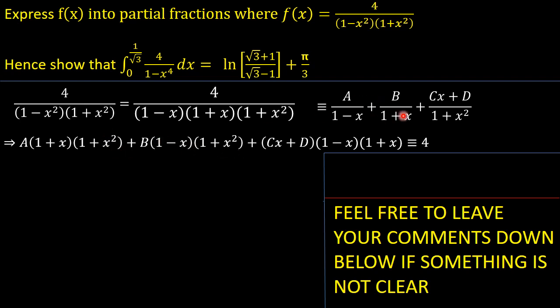Likewise, 1 plus x will cancel for b, then we have b into (1 minus x) into (1 plus x squared). Then 1 plus x squared will cancel for cx plus d, and we simply have (cx plus d) into (1 minus x) into (1 plus x). All that should be identically equal to 4, because all the LCM will cancel in the case of 4, giving you just 4.